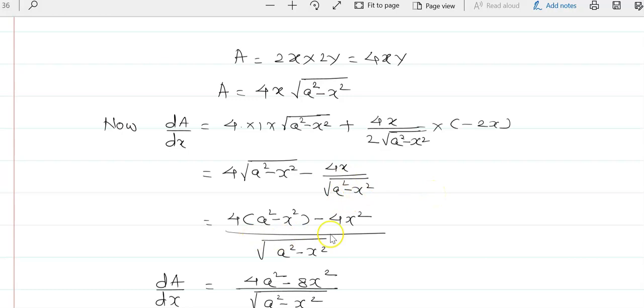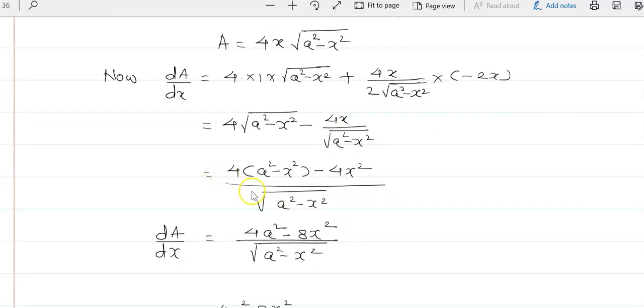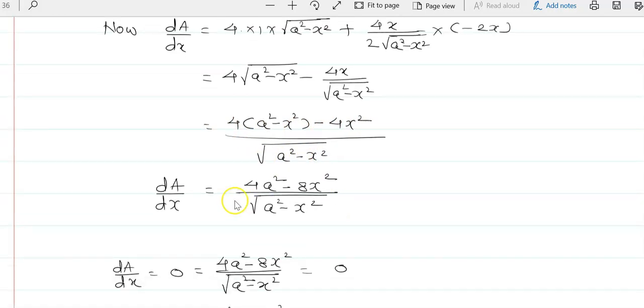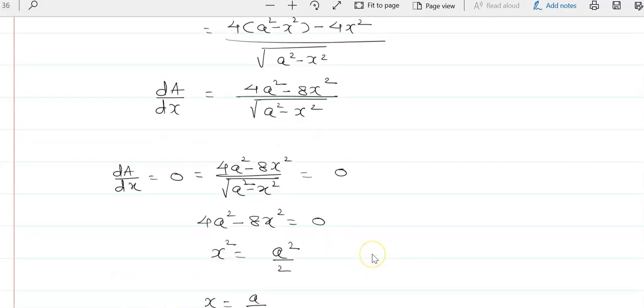If you simplify this again, then you will get 4 (a square minus x square) minus 4x square upon root of a square minus x square. Therefore dA upon dx is equal to (4a square minus 8x square) upon root of a square minus x square. Now for the extreme condition, the maximum or minimum condition, we always equate the first derivative to 0.